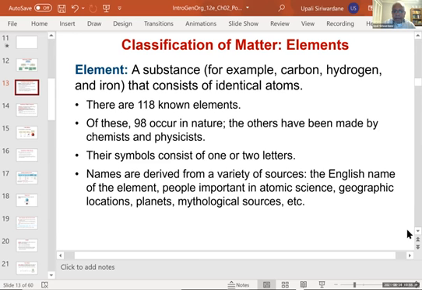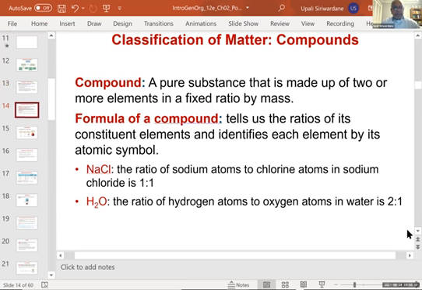Potassium is K, from kalium, the Latin word for potassium. You can check the periodic table for elements having symbols other than the English name.